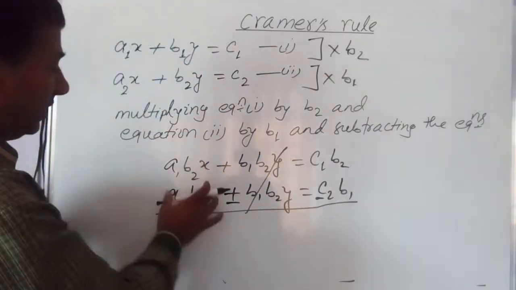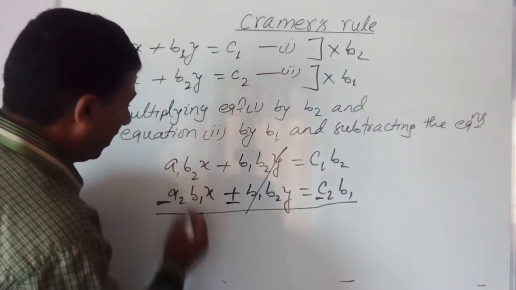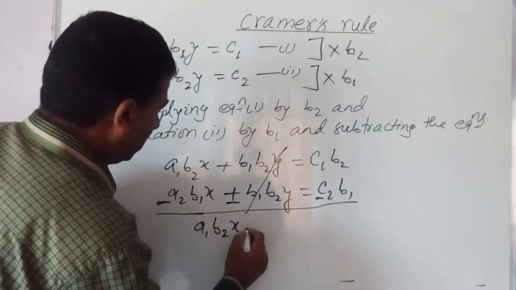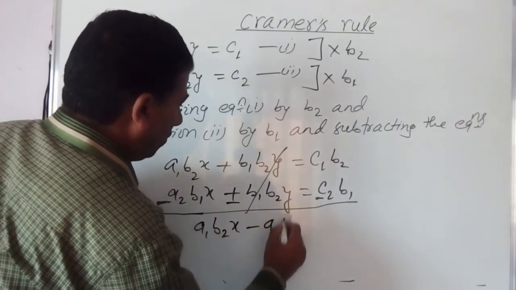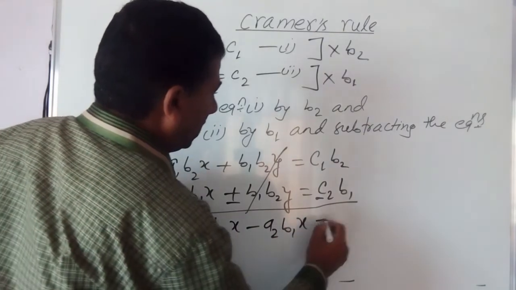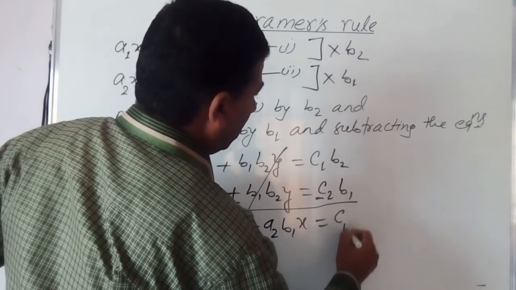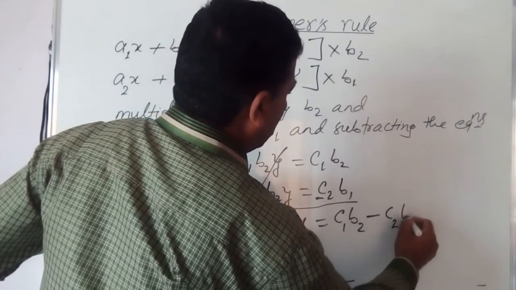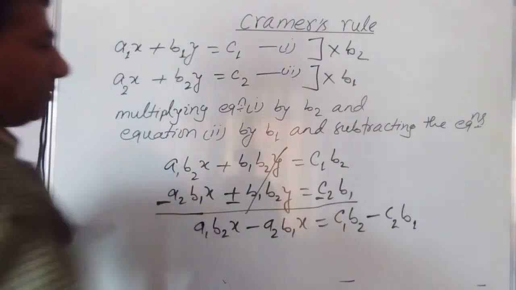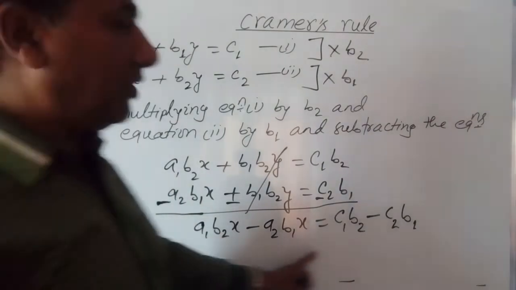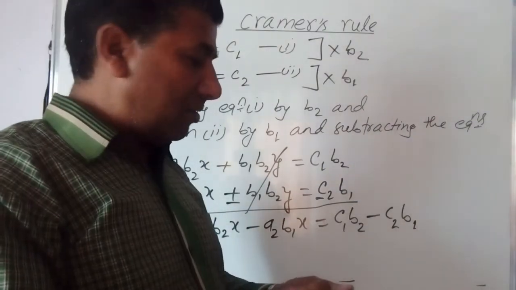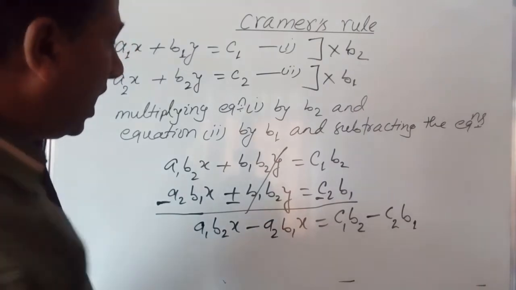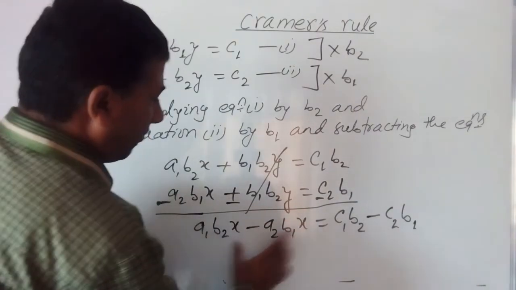Now the remaining terms have x. I write this: a1 b2 x minus a2 b1 x. On this side, c1 b2 minus c2 b1. After the elimination method, we eliminated the variable y from equations 1 and 2. Now I'll take x common from here.